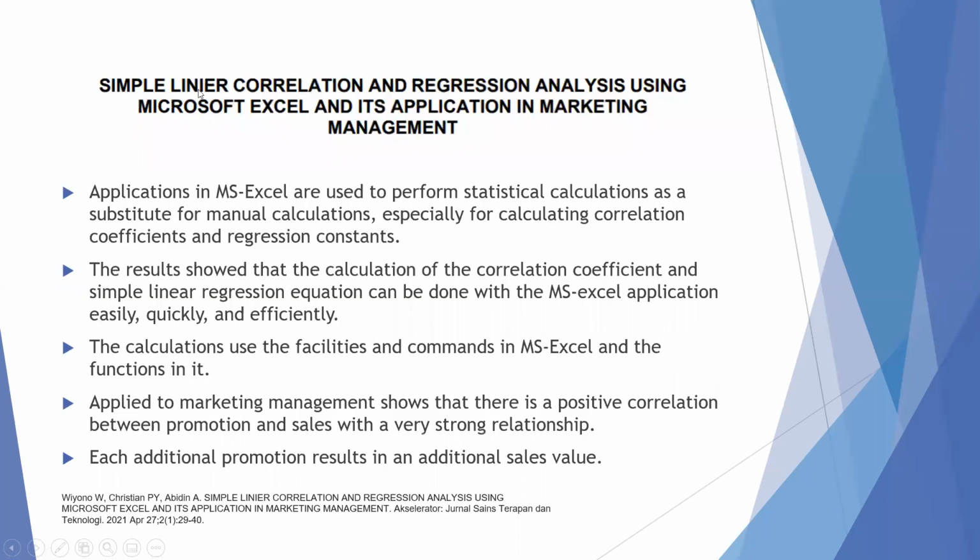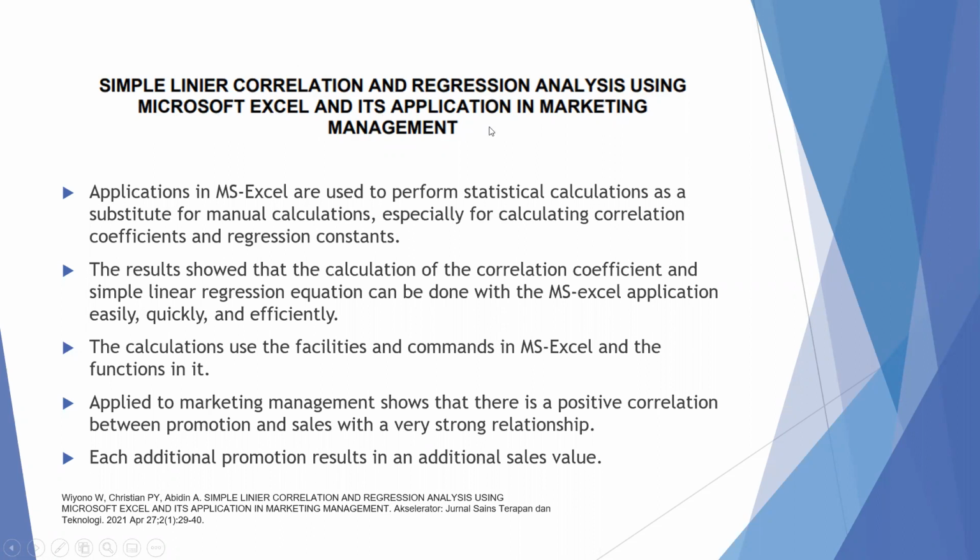And last is simple linear correlation and regression analysis using Microsoft Excel and its application in marketing management. The point here is that we can use SPSS for regression analysis, and how to use it, the data inputs and all that.